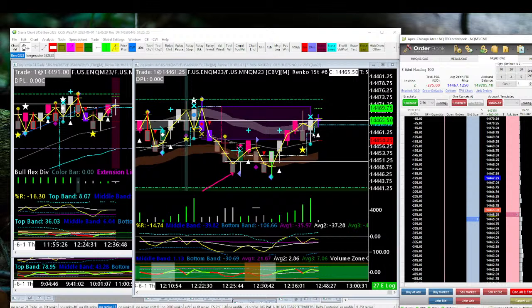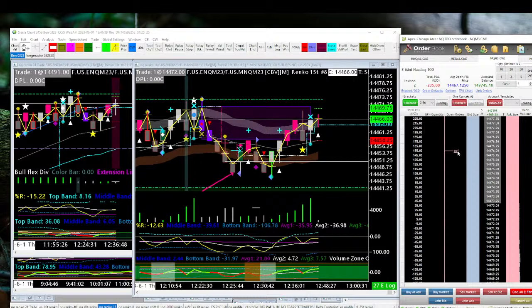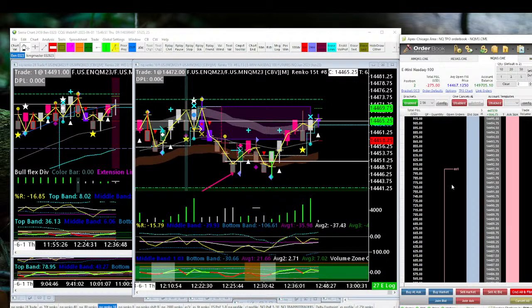Really, we want to see this dotted line hold here. That would be ideal. And then I've got to take profits a little bit early because I got in late. So let's see what they do. Yeah, that's fine.